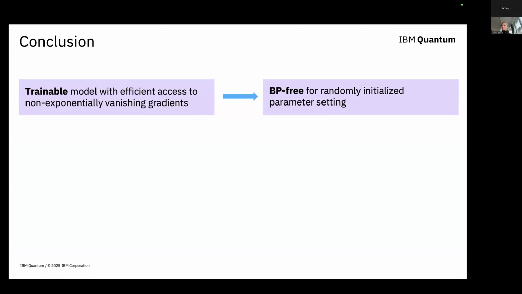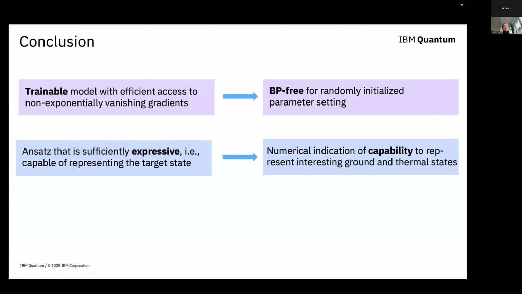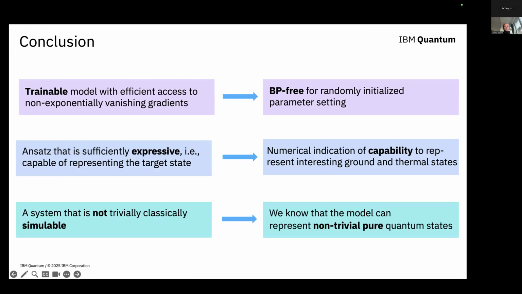And here we do know provably that we are barren plateau free for randomly initialized parameters. So that's good. We do want to have an ansatz that's sufficiently expressive, and we do have the numerical indication that this is given. And finally, we want to have a system that's not trivially classically simulable, and we can make use here of our worst case hardness statements to satisfy the setting.